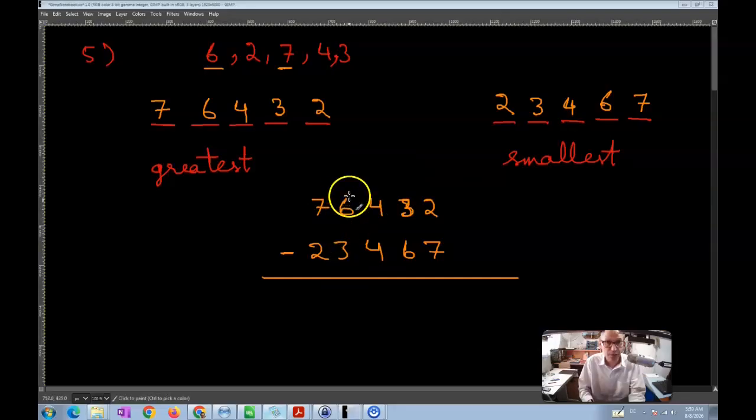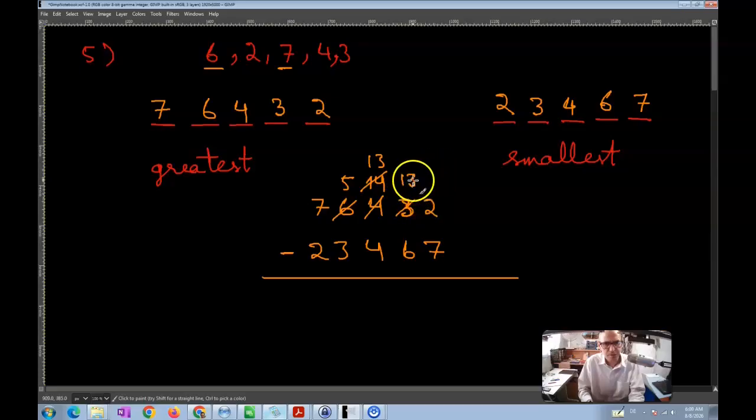So from the very beginning I will borrow from over here, right? If I borrow a 1 from here, this becomes a 5, and the 1 that I borrowed becomes a 10 in this place value. A 10 plus a 4 is a 14, right? Then I borrow a 1 from here, this becomes a 13. The 1 comes over here, becomes a 10, and 10 plus a 3 becomes a 13.